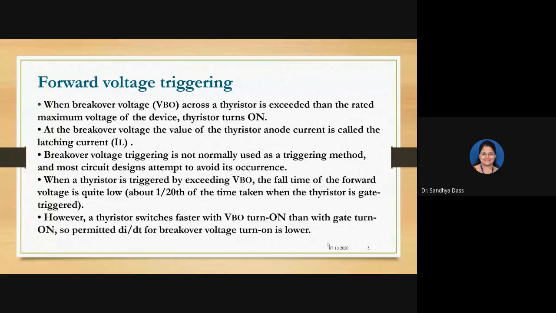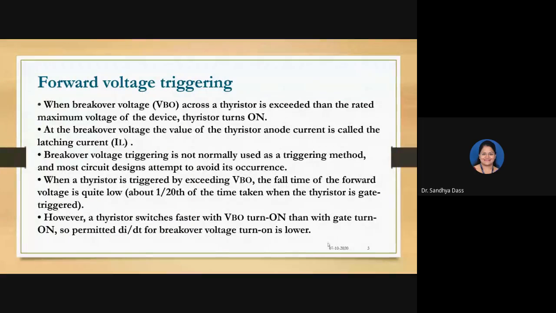So when we increase the forward voltage, the voltage we apply across anode and cathode, the moment the device turns on, the immediate current we measure, the anode current, is our latching current. If you recall the construction and working, that is the minimum current that will drive the SCR to start conducting.